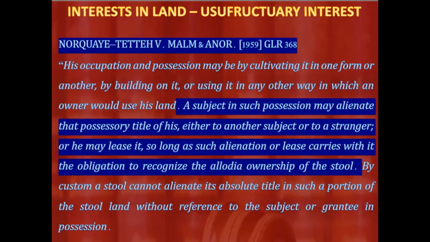So let us now come back to section 5 of the Land Act, which explains usufructs. You remember under section 5, we were told that the usufruct can be acquired either by a subject exercising his inherent rights under customary law as a subject, or it can also be acquired by a stranger.